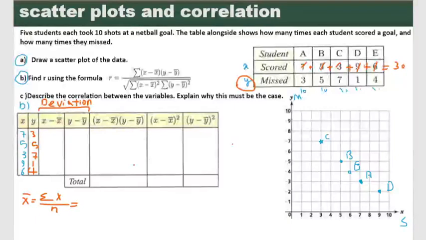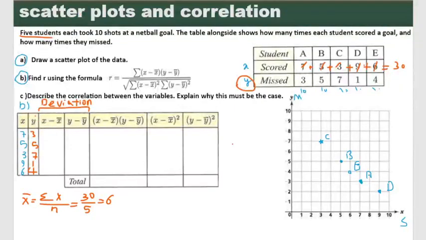So I put 30 here over how many data we have: 1, 2, 3, 4, 5, over 5. The question also says 5 students. So the mean of these 5 students is 6.